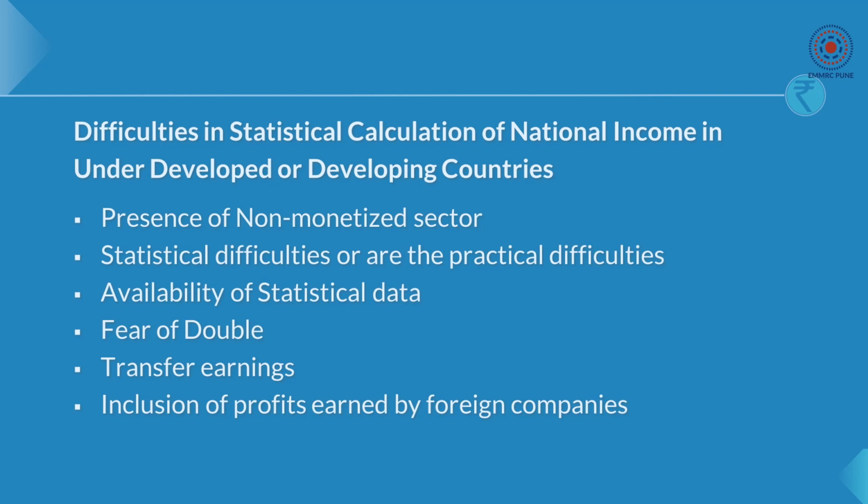Another problem is inclusion of profits earned by foreign companies. According to the opinion of International Monetary Fund experts, foreign companies' income has to be included in the national income of those countries where the production is organized.